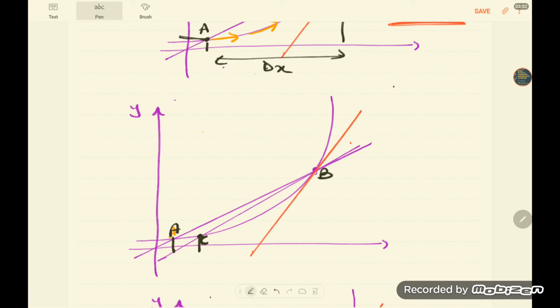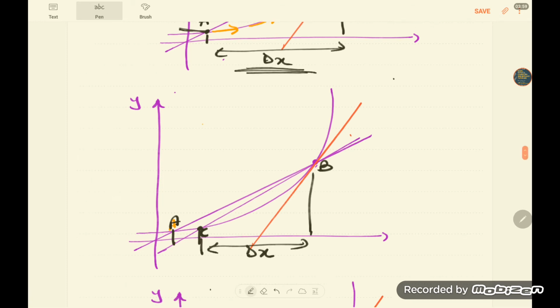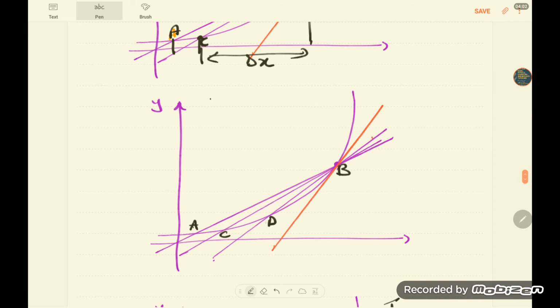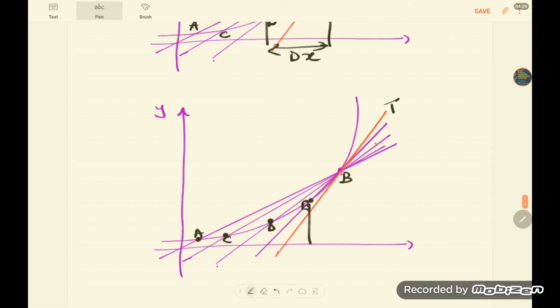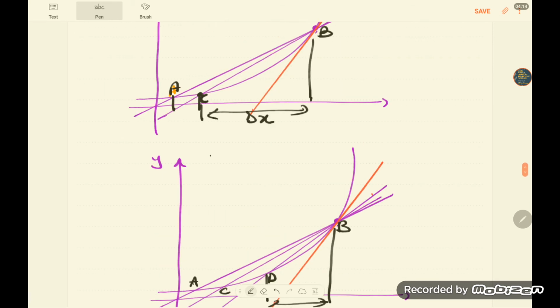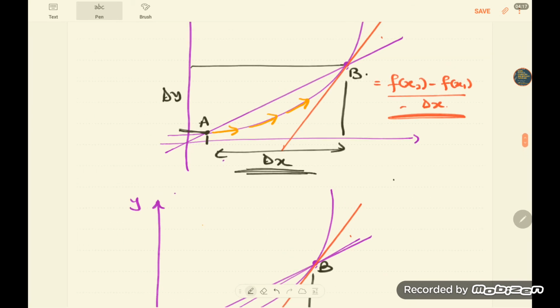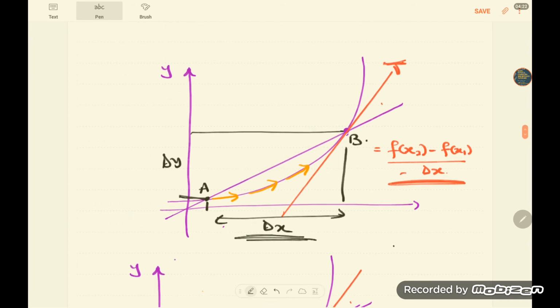We initially had this change in X, but notice now what's happening to the change in X. Similarly, with D, notice what's happening to the change in X. Similarly with E. So the scenario we want is for AB to be as similar to BT as possible.